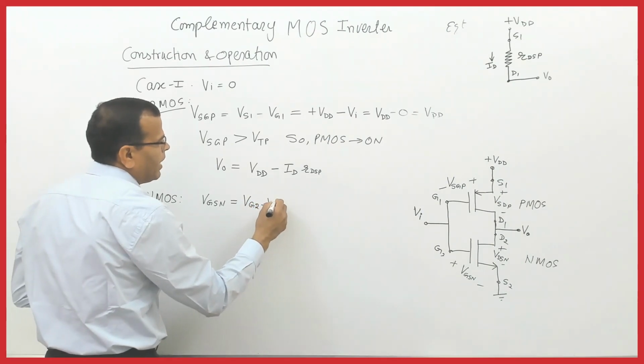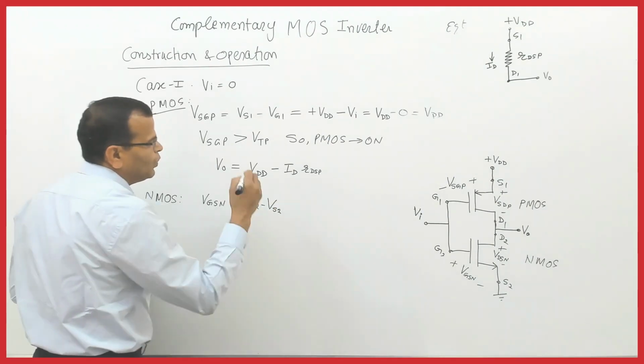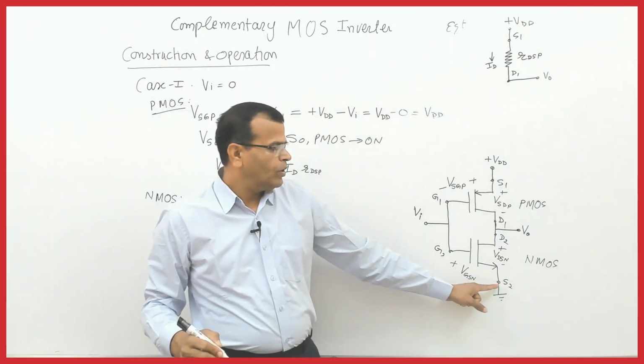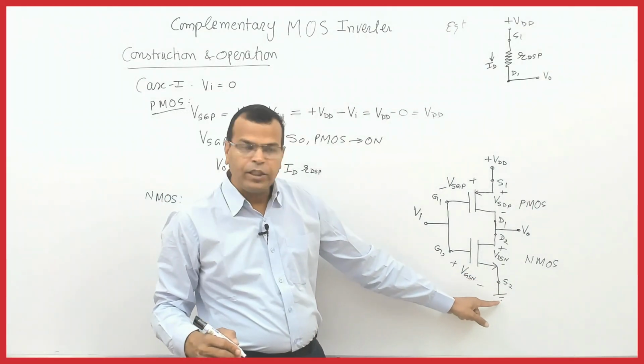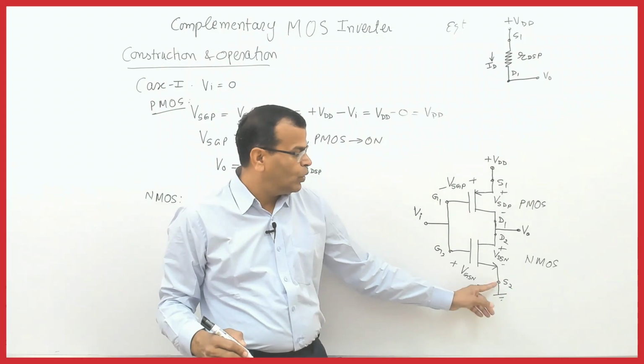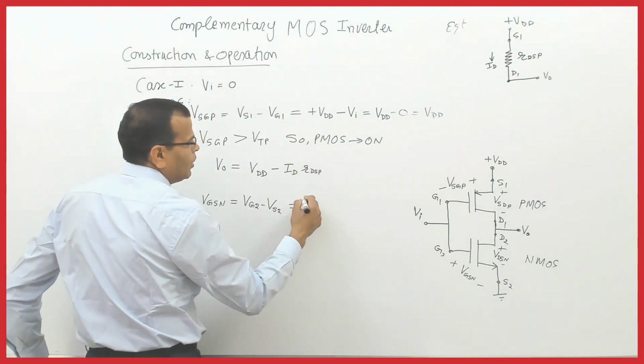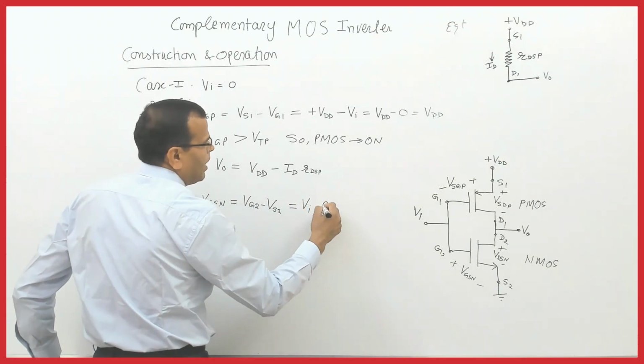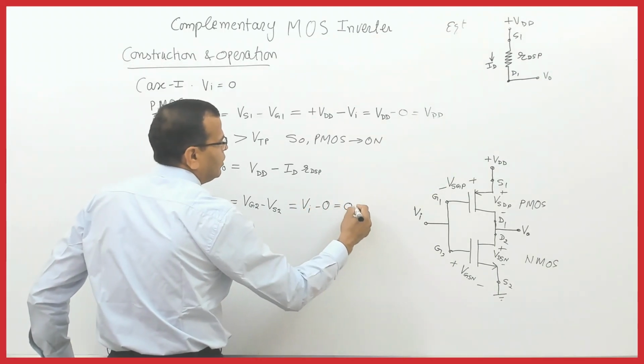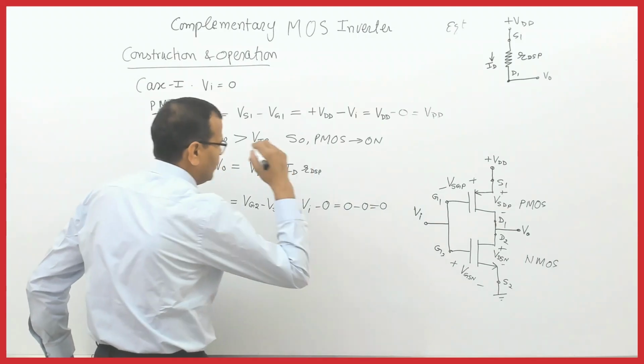VG2 minus VS2. VS2 is the voltage at this terminal. This is connected to ground, so this must be definitely equal to 0. Vi I have taken 0, so this is equal to Vi minus 0, and that is 0 minus 0, which means 0.